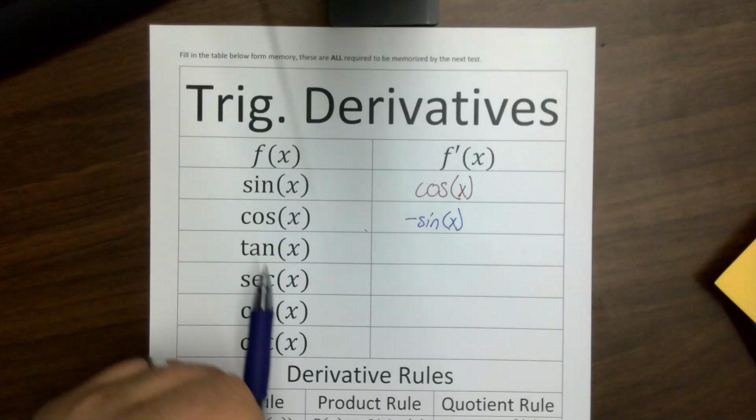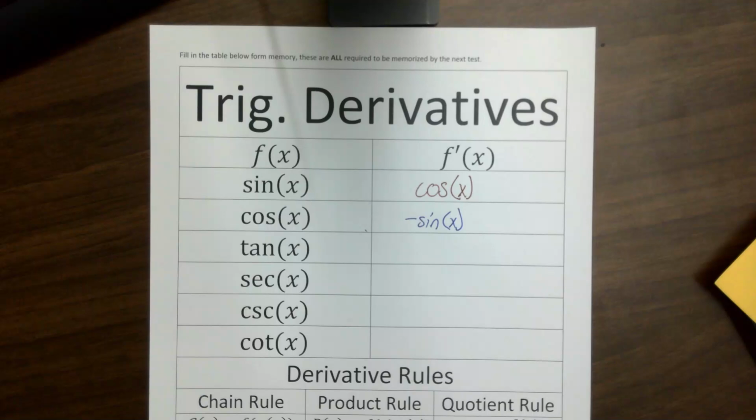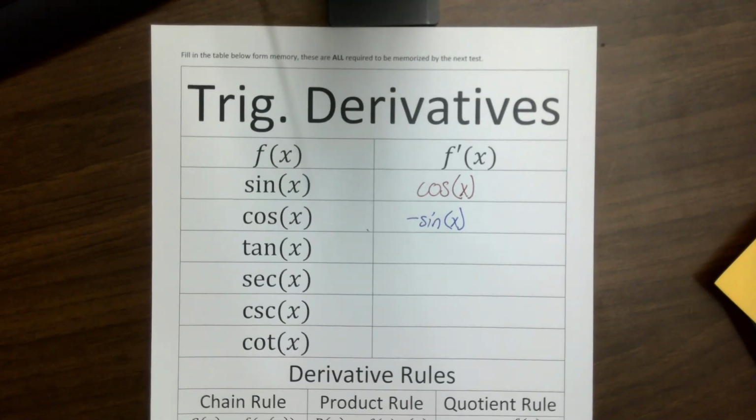Now, we're going to do these 4 today. Tangent, surprisingly, we've already done. We did it on the quotient rule homework.